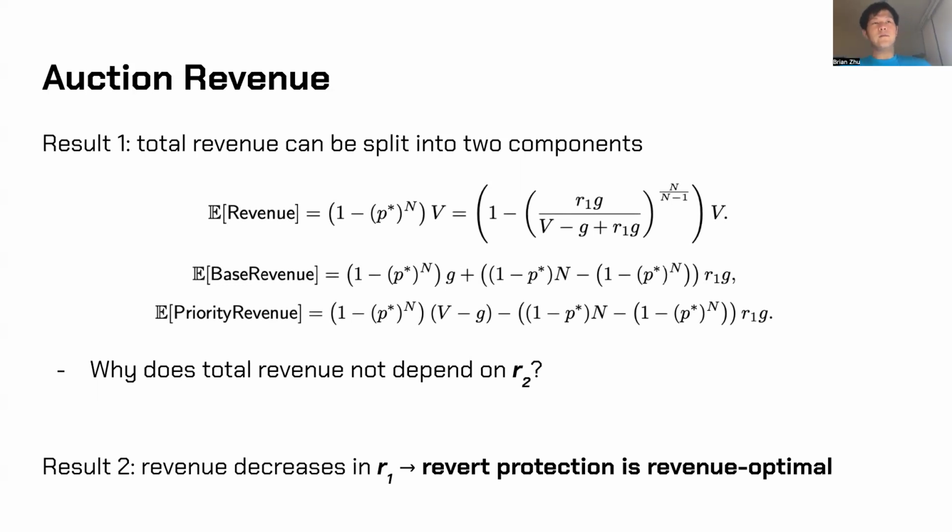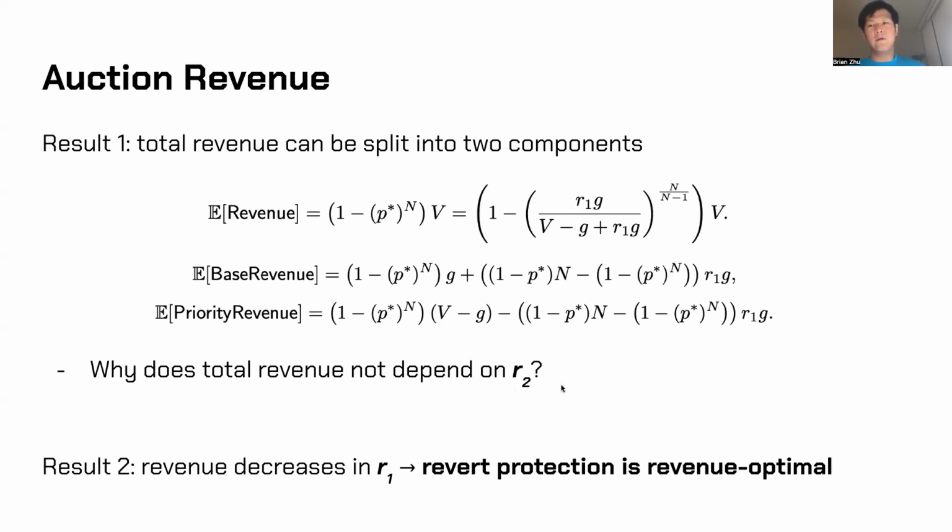One unique thing you might notice about these formulas is that they do not depend on R2. And the main reason is that you can think of it from an economic perspective of there being a marginal bidder that chooses to participate in the auction but bids nothing.